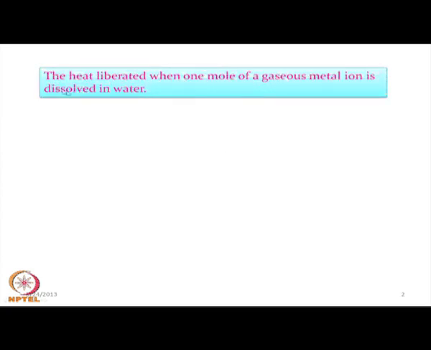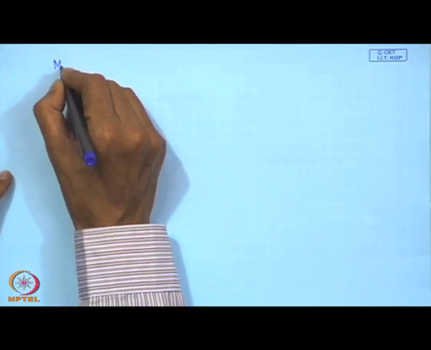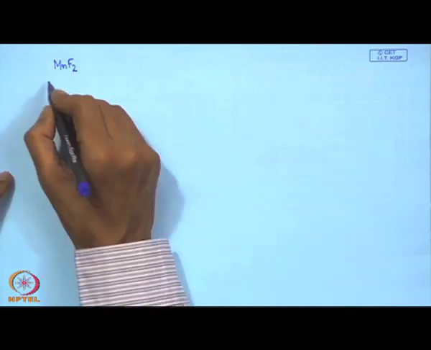So, when we see that it can also be applied to the corresponding interaction of the metal ion with the water molecule, that we have started our discussion, that in the solid state what we have just now seen, that the formation of MnF2.